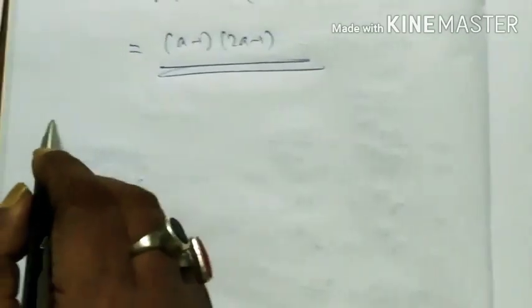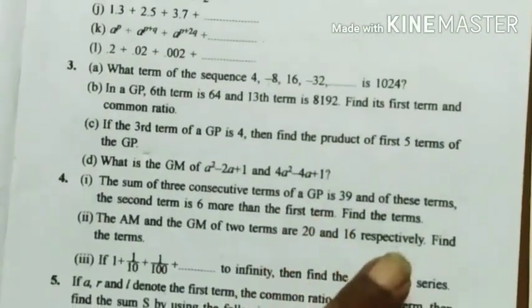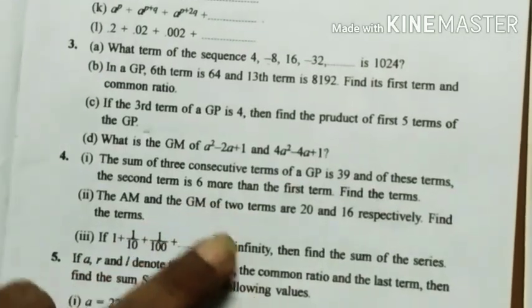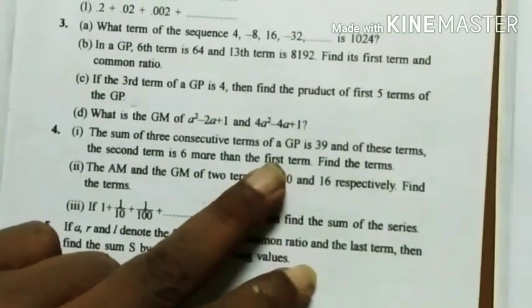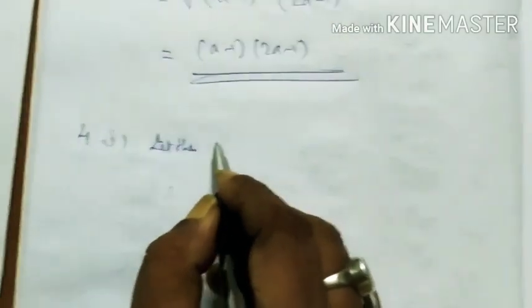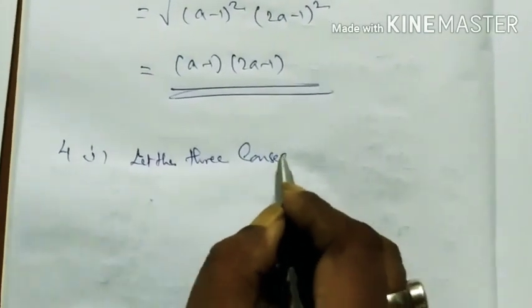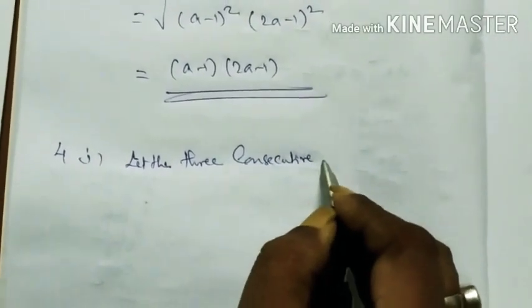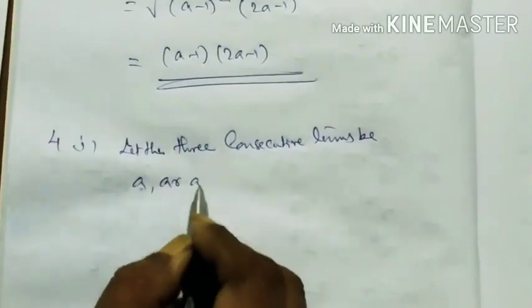Now I am moving to question number 4. The sum of three consecutive terms of a GP is 39, and the second term is 6 more than the first term. Let the three consecutive terms be a, ar, and ar square.